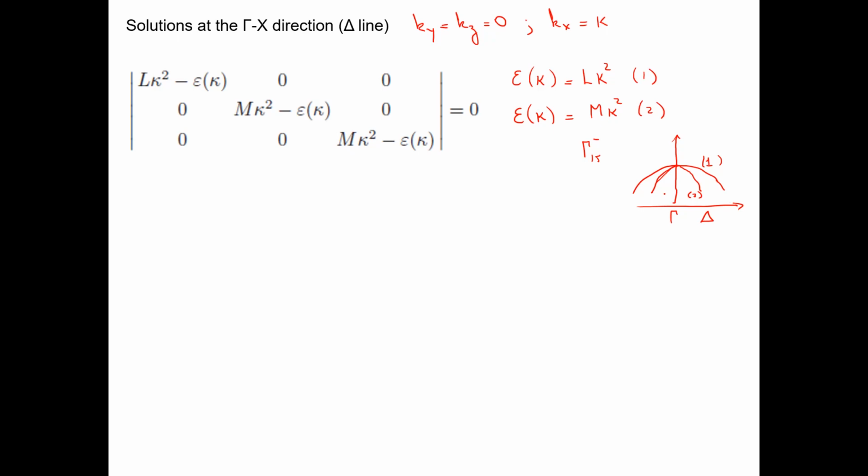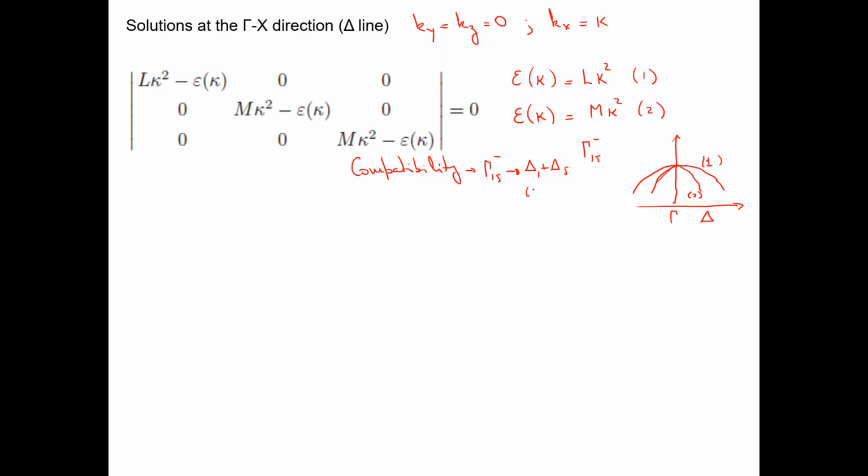Okay, and the analysis using k dot p perturbation theory, of course, must be consistent with the compatibility relations that we have already discussed in the previous chapter. So compatibility tells us that a gamma 1, 5 minus level, as we move away from gamma along the delta direction, splits into a delta 1 plus delta 5.